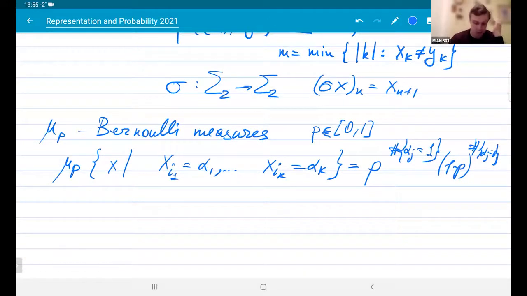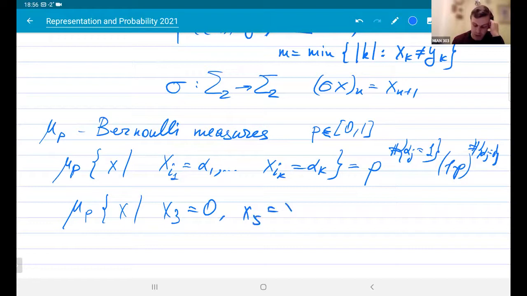So, for example, if you consider the measure of all sequences such that at the position 3 you have 0, and at the positions 5 and 7 you have 1, then this is p squared times 1 minus p to the first power.